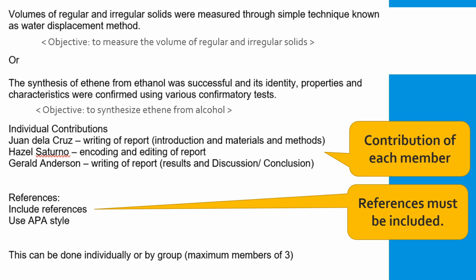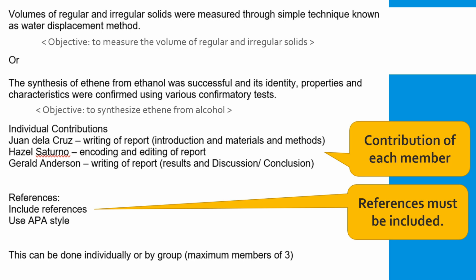Tapos si Hazel naman, siya yung nag-encode at nag-edit ng format. Si Gerald naman, sinulat niya yung results and discussion and conclusion. Lahat yun, may isasulat nyo kung ano yung naging contribution ng bawat miyembro ng grupo nyo.